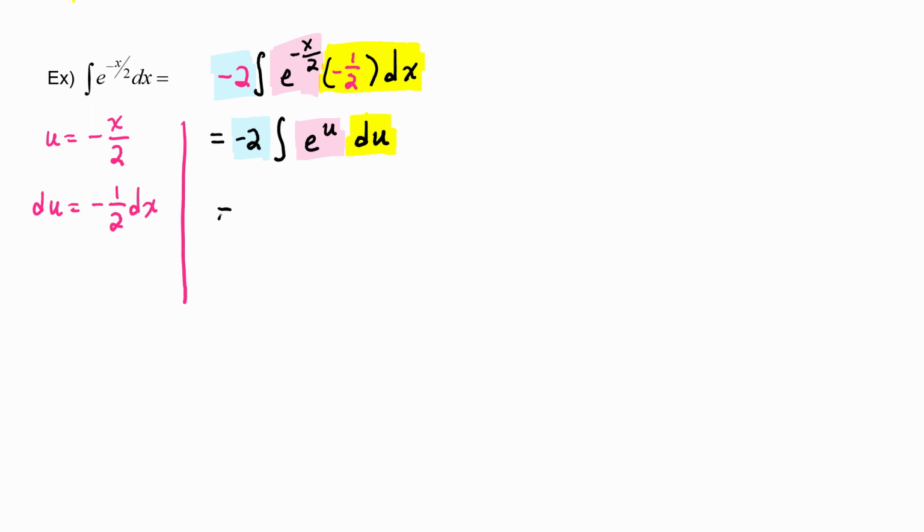Now here, this becomes negative 2. Now the integral of e to the u du is equal to e to the u plus a constant. Because this is an indefinite integral, we have to go back to our x. So this becomes negative 2e to the negative x over 2 plus c.